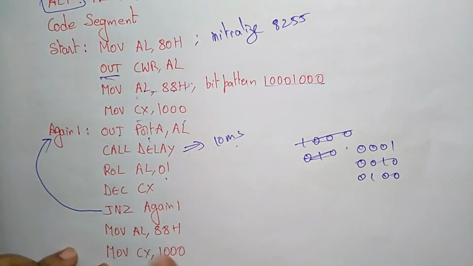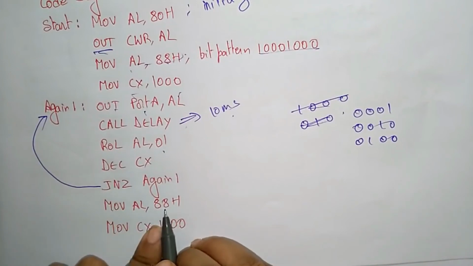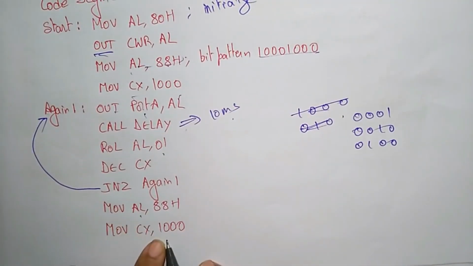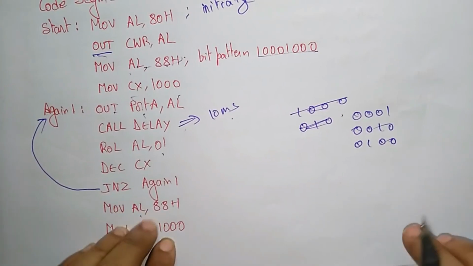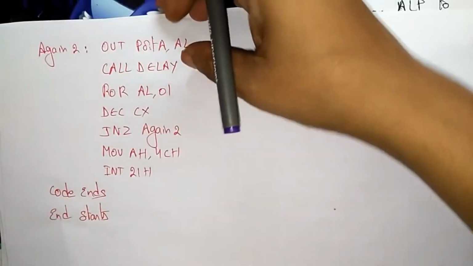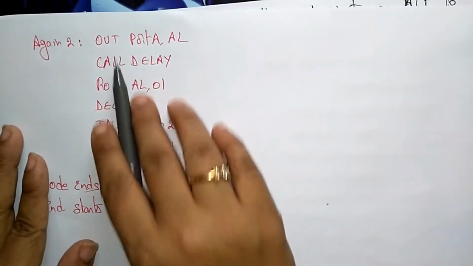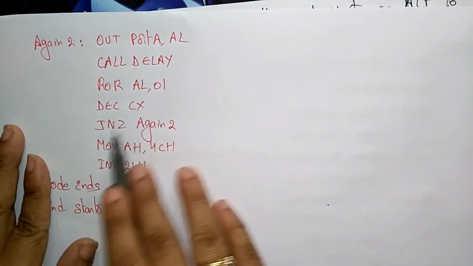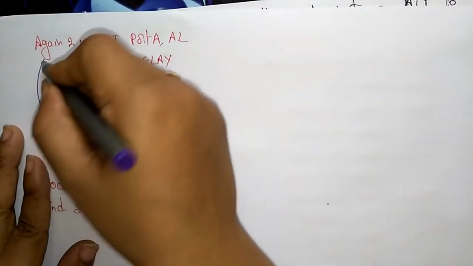Whenever the count is 0, then move that 88 bit pattern into AL, and again make count as 5. Now this time it is the anti-clockwise direction. Output to port A and call delay, rotate right AL, decrement count. If it is not 0, again go to again.